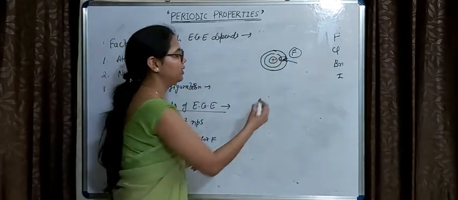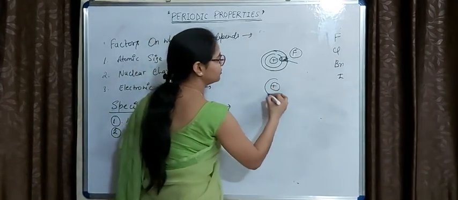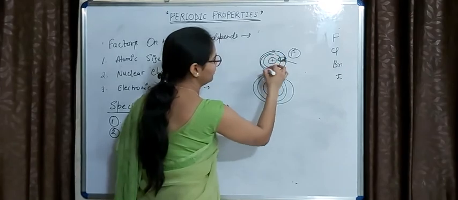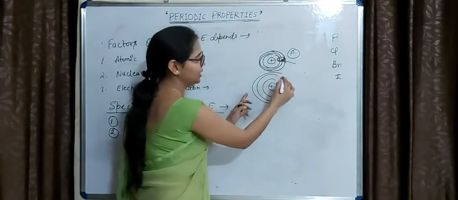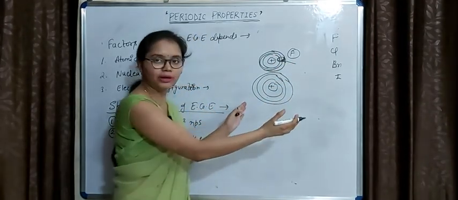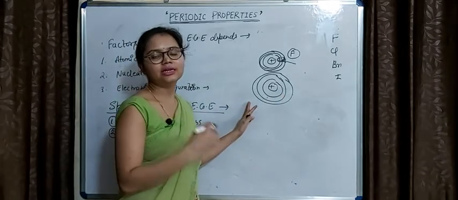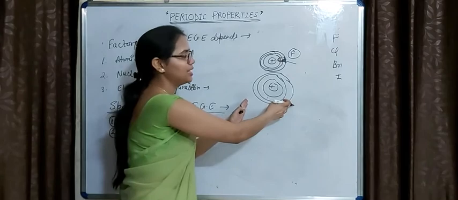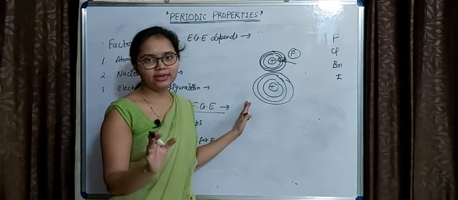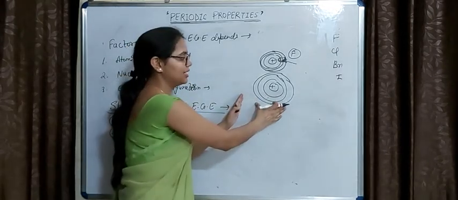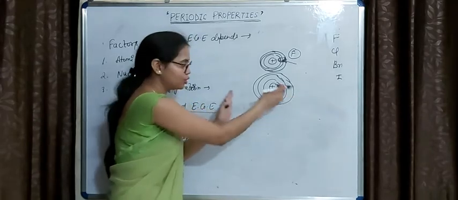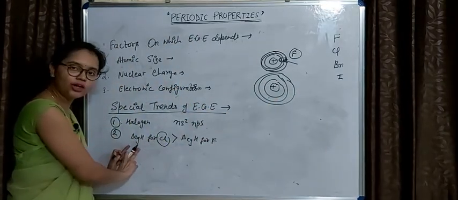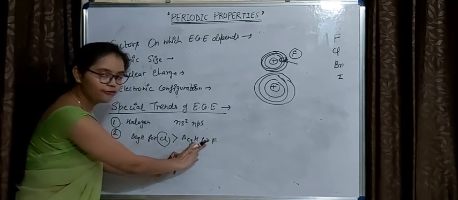But if we talk about chlorine, the size is bigger, so it is easy to add a new electron. In this case we do not provide any energy; energy is released by the atom. That is why fluorine has a less negative value of electron gain enthalpy than chlorine.